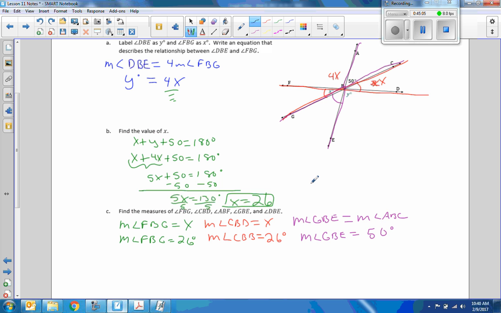And finally, the measure of angle DBE equals y, which is 4x. So the measure of angle DBE equals 4 times my x, which was 26, so the measure of angle DBE equals 104 degrees.